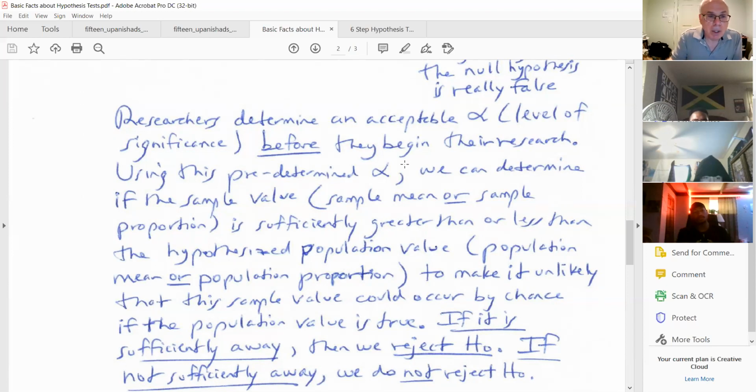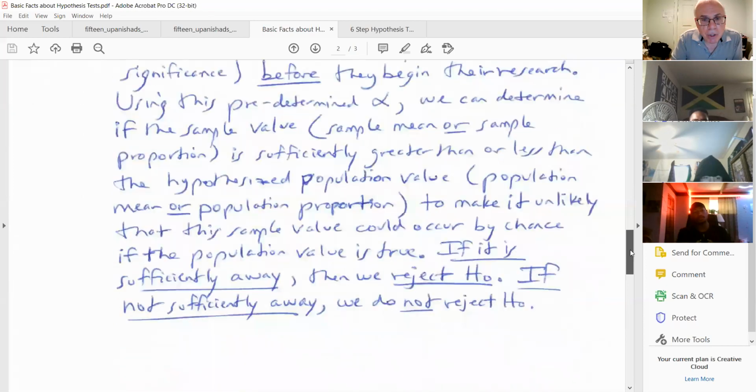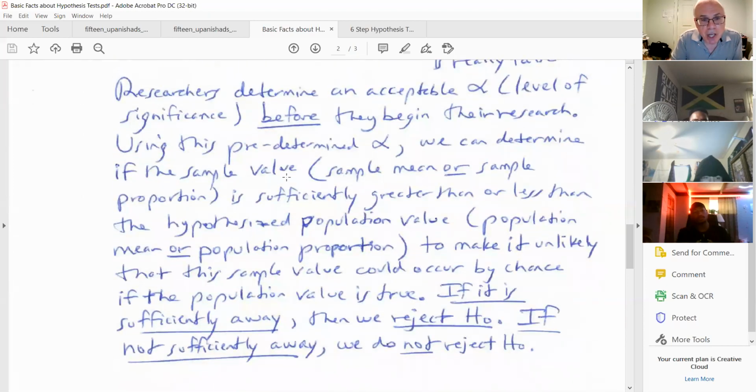All right. Now, using this predetermined alpha, when they actually do collect the sample and do the research, they can determine, and this is the key point here, they come up with a hypothesized value for the population mean or the population proportion. Then they look at the sample mean and sample proportion for the actual sample. They've already determined what alpha is.